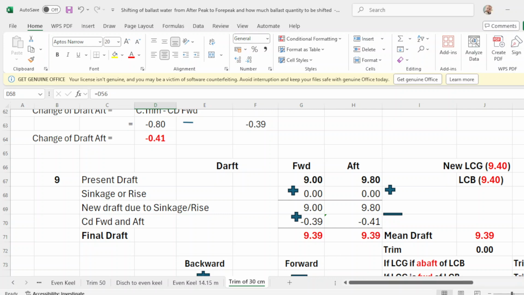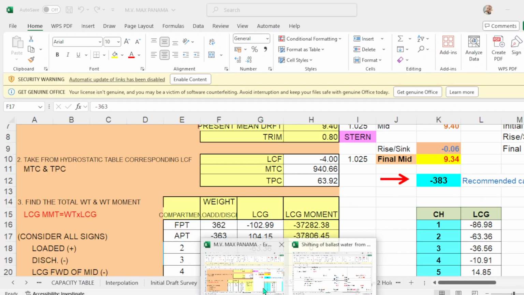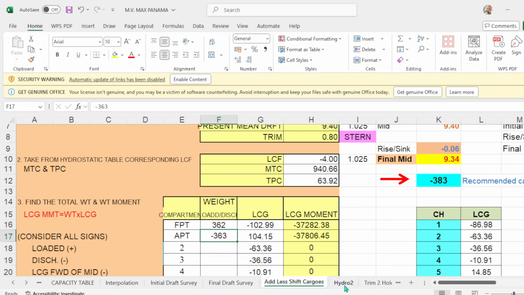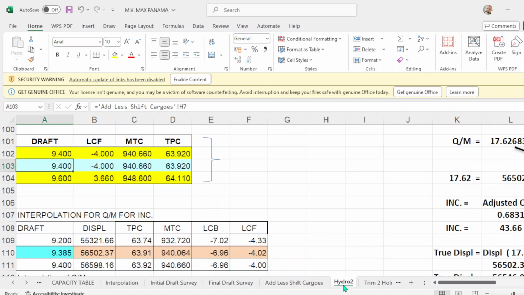Okay? So 9.39, you go to the program, you go to the hydrostatic table. I would say 9.39. What will happen? Take note of the 9.39, okay?